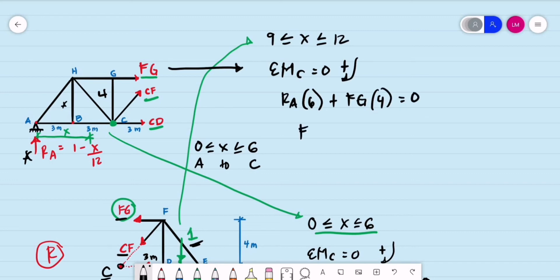So the axial force for member FG is equal to the reaction at A times 6, divided by 4, and again, it is negative since we are to transpose.